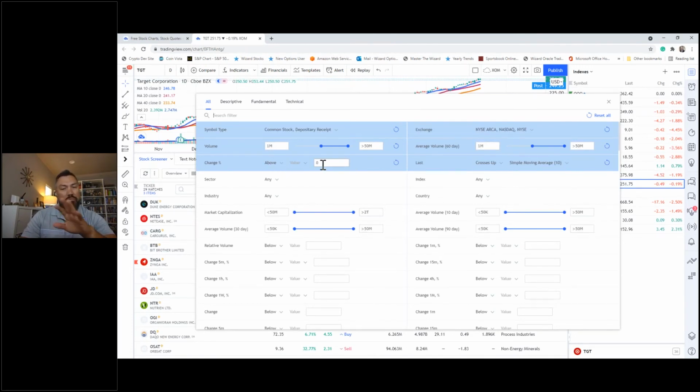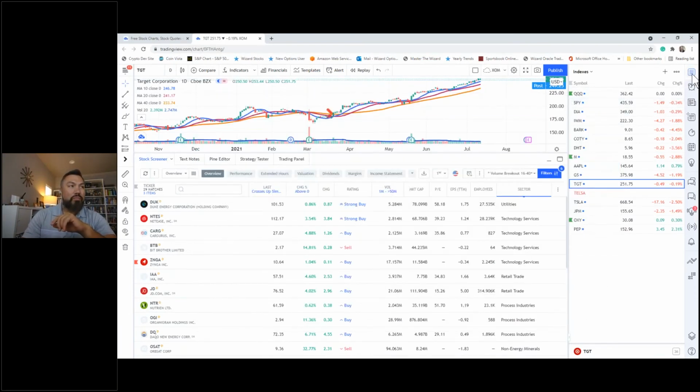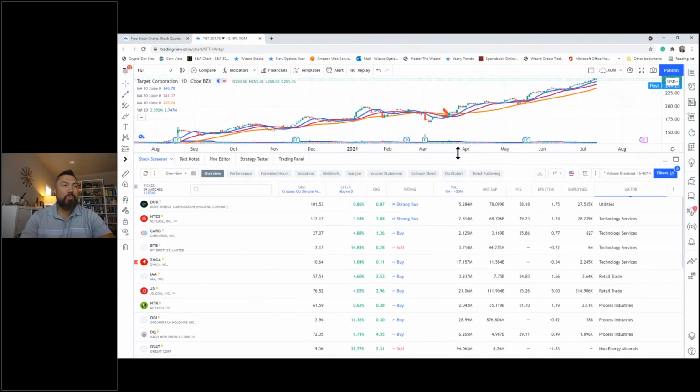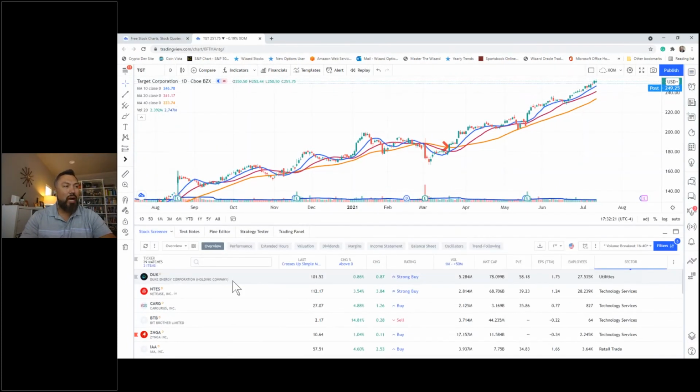I want to see only positive moves. I'm looking for buys. This is a buy setup. And then this section here gives me the last price. So the price had to have crossed up above the simple moving average 10-day. This is how I'm finding these lists of stocks. Down here are the stocks that check the boxes.